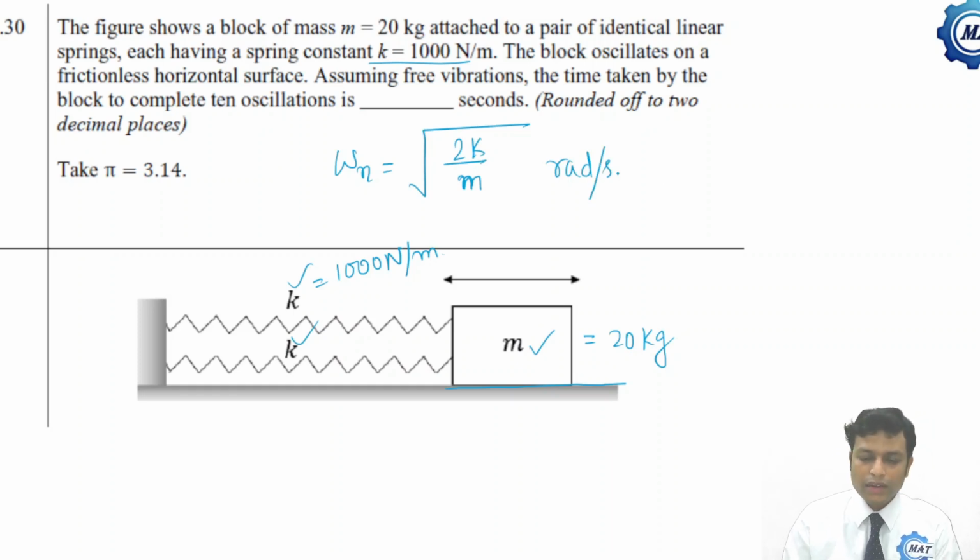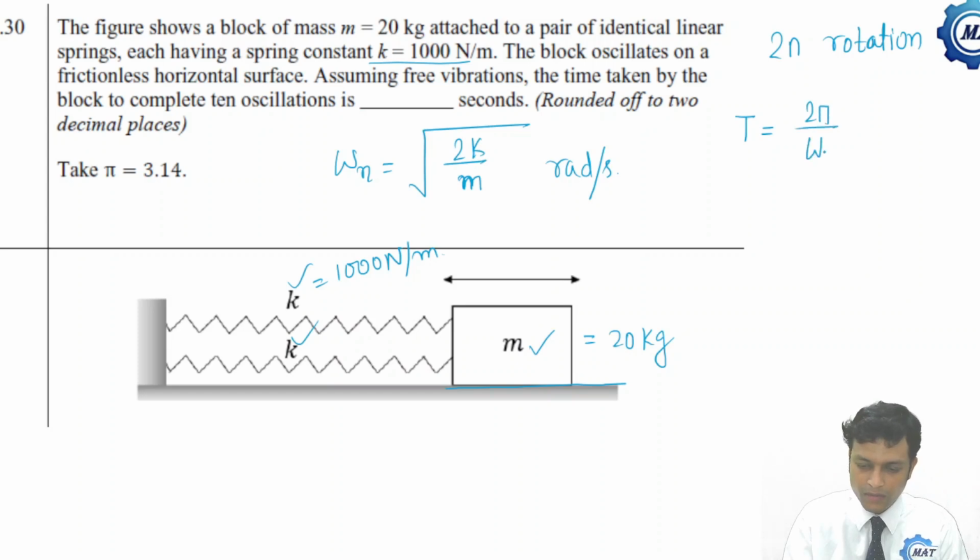Now, what is the time cycle for one oscillation? One complete oscillation means 2 pi rotation. If omega n is this much radian per second, then what should be the time? That is 2 pi by omega n seconds for one cycle.